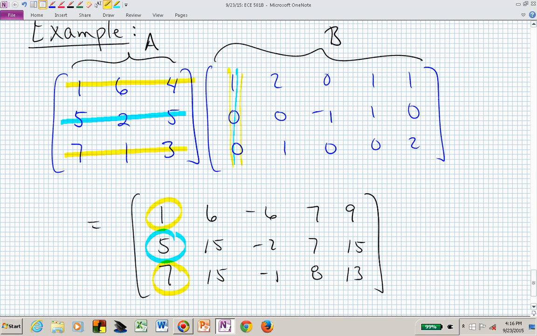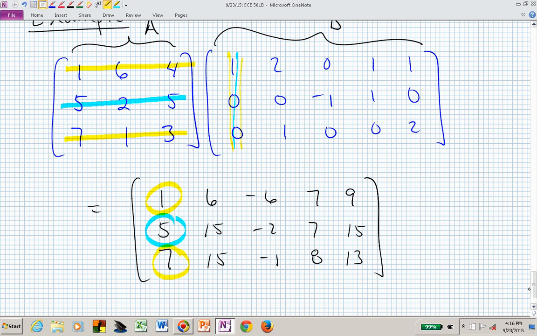The way that I want you to be thinking about this, a different way, instead of having to do those 3 row by column products, is to look at the column in the second matrix. That's 1, 0, 0. What is that really doing? Well, that's scaling each of the 3 columns in the first matrix on the left, A, by the scaling amount indicated in each row.